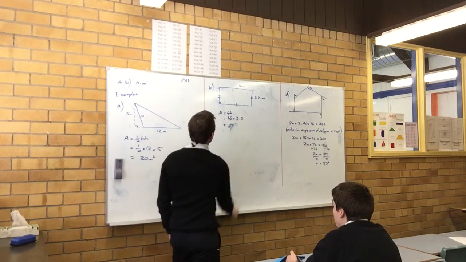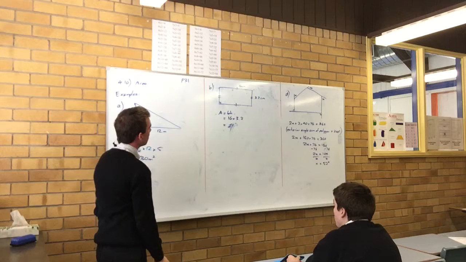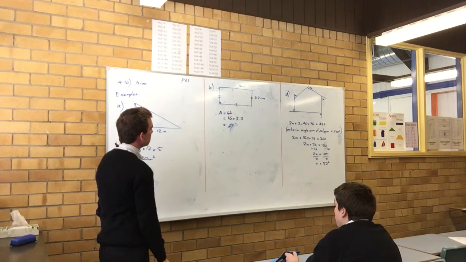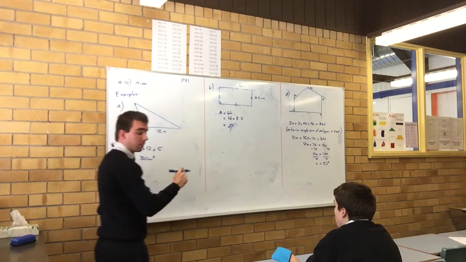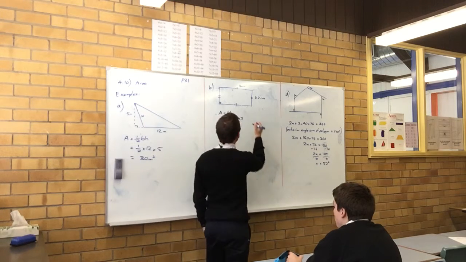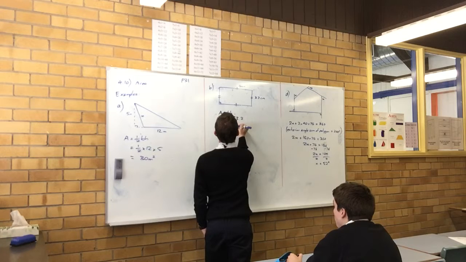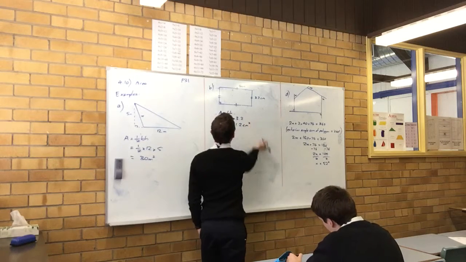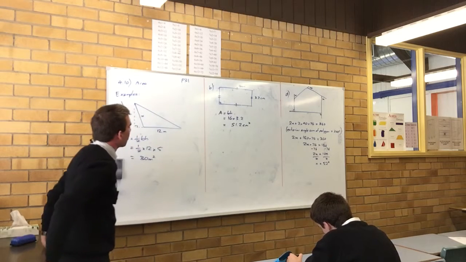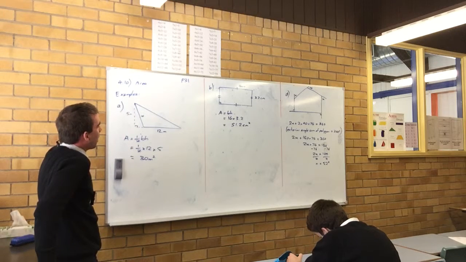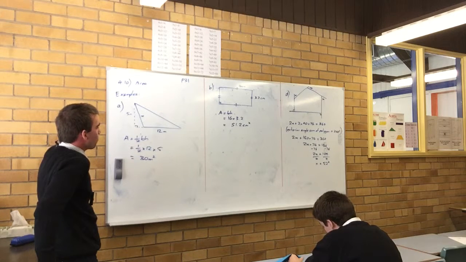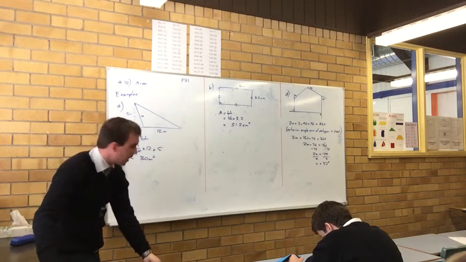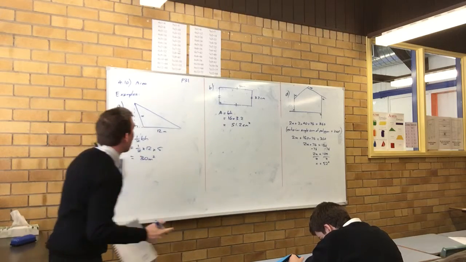No, that's right. 32 plus 1.6. No, my mind's not cooking today. What do we get? 50.2. And don't forget your units. 3.2 and 48. Yep, 3.2 and 48, thanks. 51.2. Here we go.